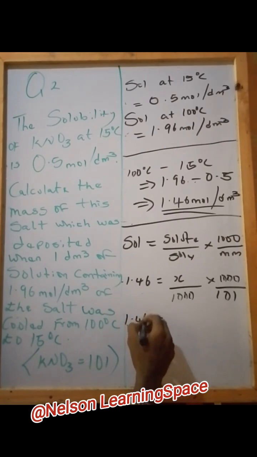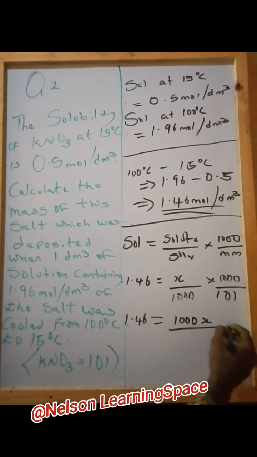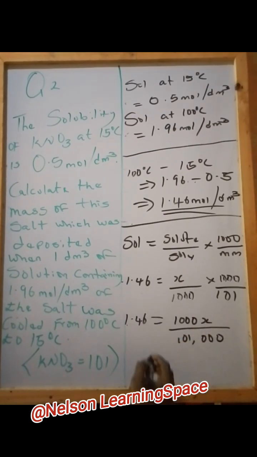If you want to cross multiply, that will be 1.46 equals 1000x over 101,000. So then cross multiply: 1000x equals 1.46 times 101,000.